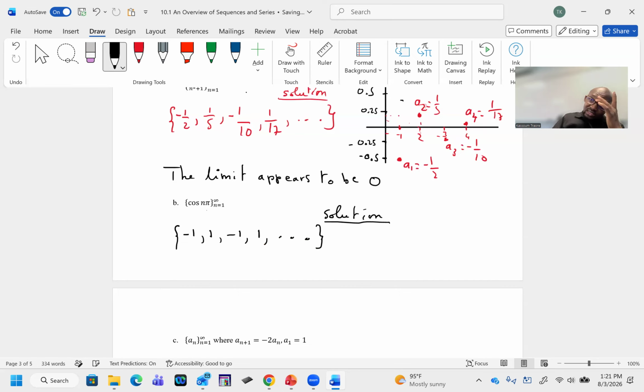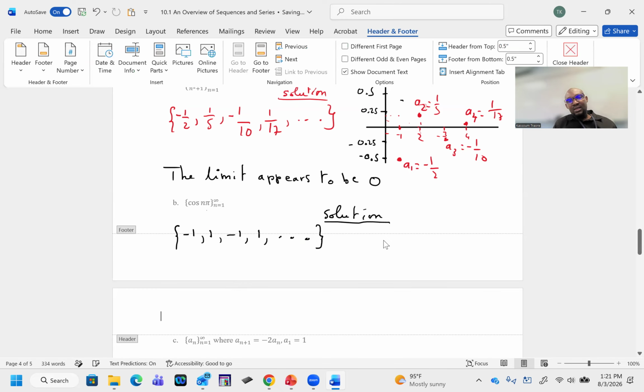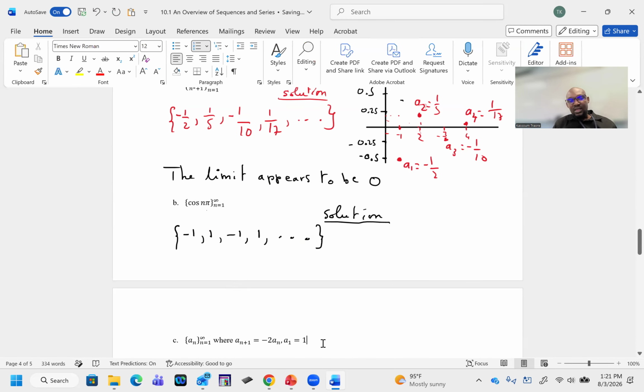So in this case, the terms of the sequence alternate between negative 1 and 1 and never approach a single value. Therefore, the sequence does not converge, the limit does not exist, because we cannot find a limit at infinity.